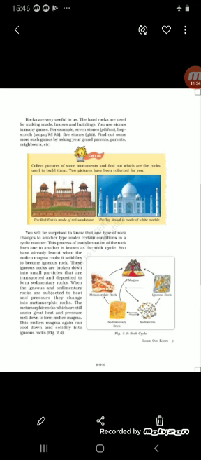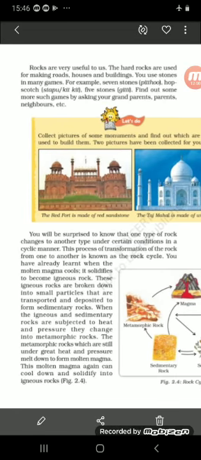The rock cycle is the process by which rocks of one kind change into rocks of another kind. You have already learned when the molten magma cools, it solidifies to become igneous rock. These igneous rocks are broken down into small particles that are transported and deposited to form sedimentary rocks.